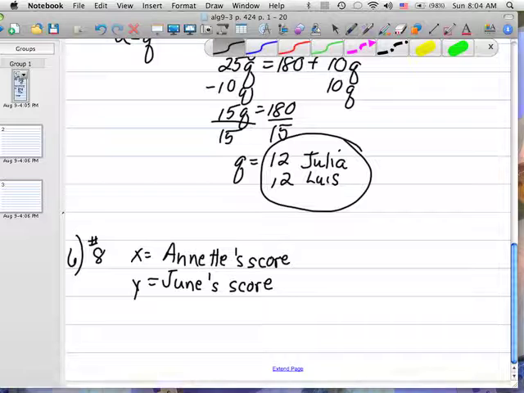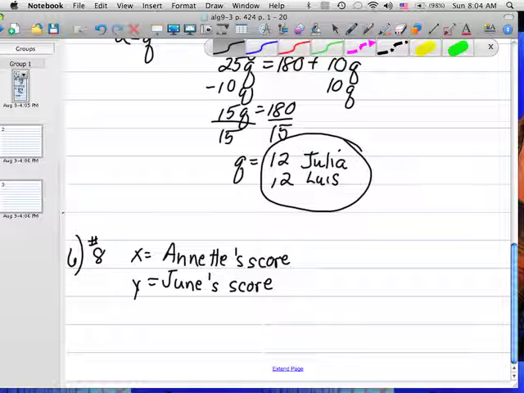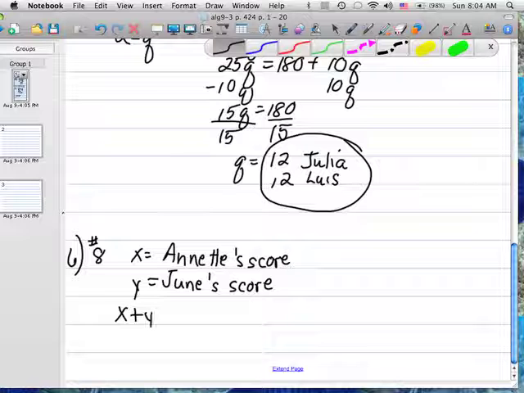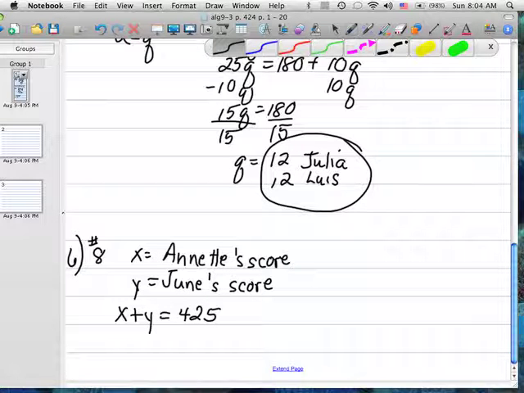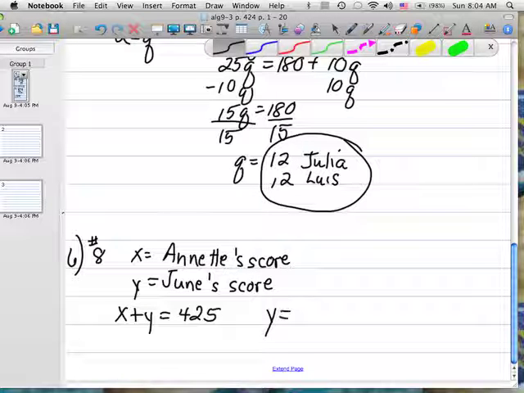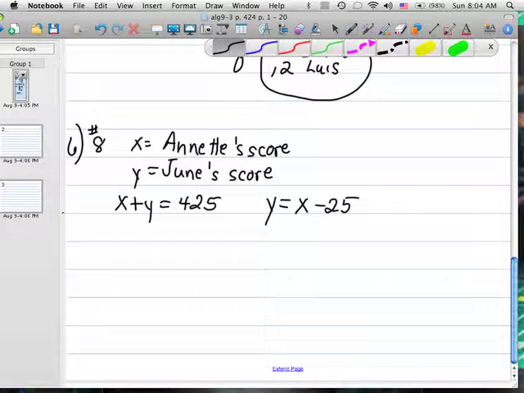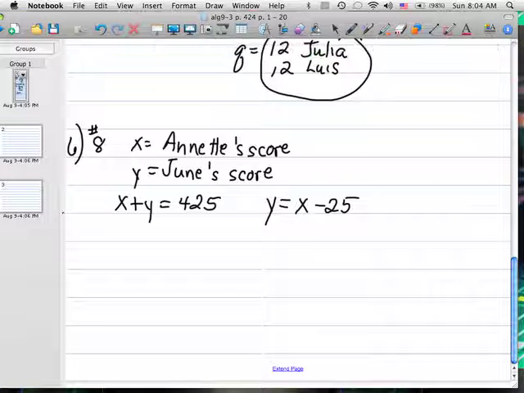From the first part of the sentence, they bowled together and had a combined score of 425, so X plus Y equals 425. Then the second sentence says that June's score, which is Y, is 25 less than Annette's, so X minus 25.